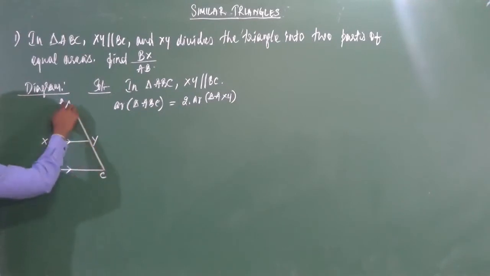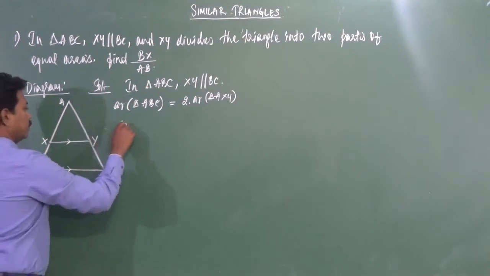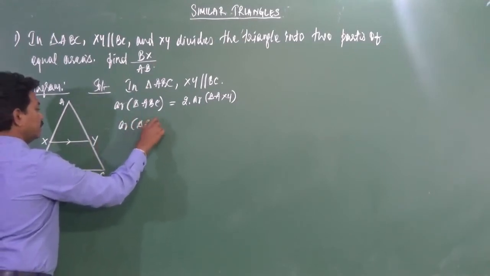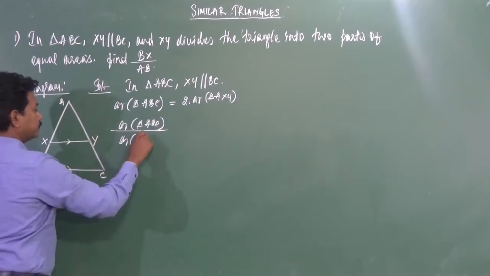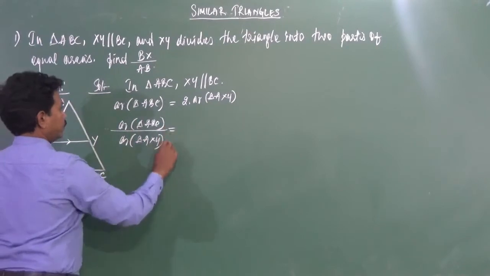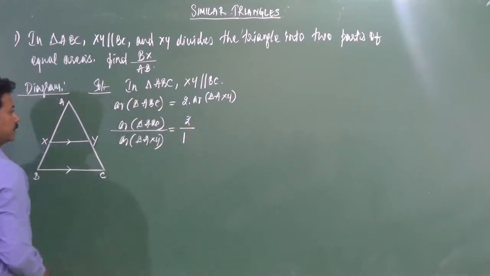That is, area of triangle ABC will be twice the area of triangle AXY. Therefore, area of triangle ABC by area of triangle AXY will be 2 by 1.